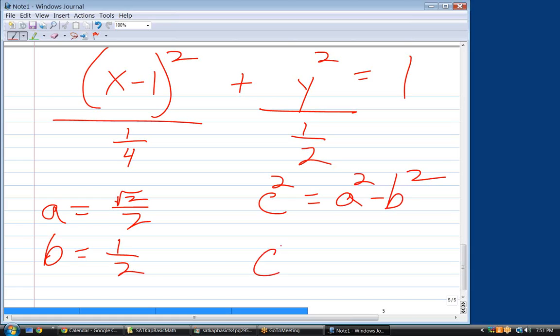For a hyperbola, it's the Pythagorean theorem, basically. But for an ellipse, it's not. It's subtraction instead of addition. Okay, that means two different things. It means, first of all, that for an ellipse, A has to be bigger than B, whereas for a hyperbola, A and B can be anything relative to one another.